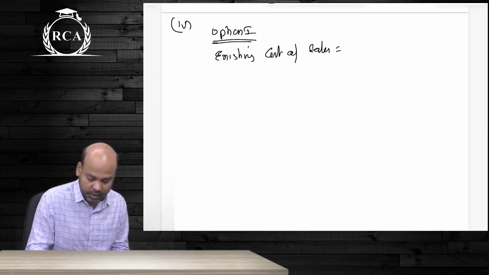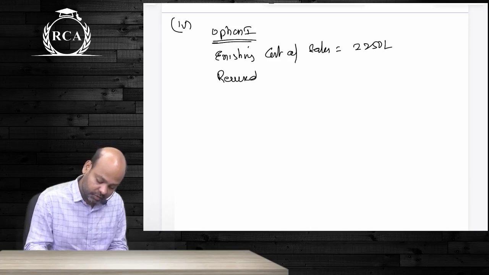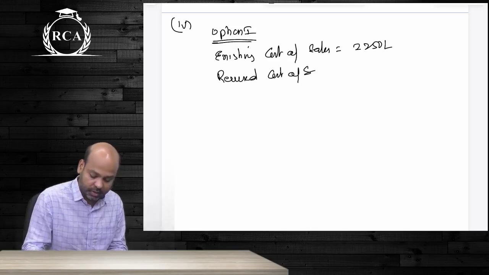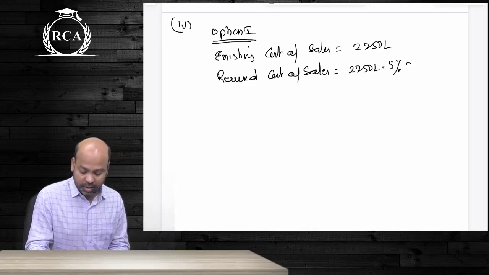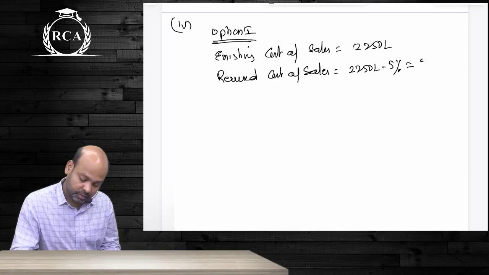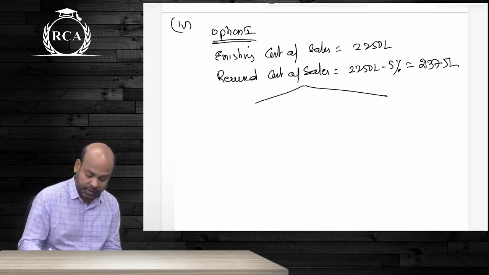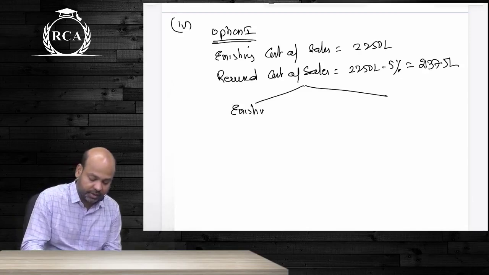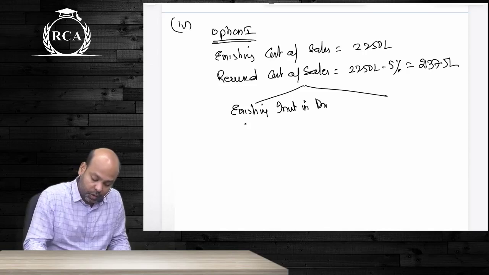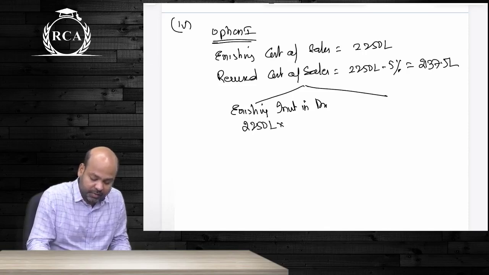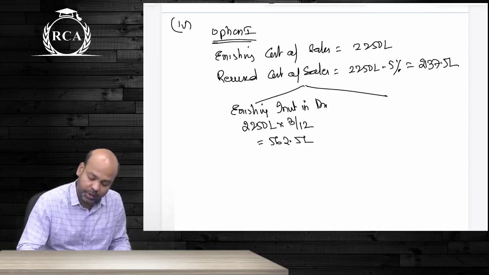is 2,250 lakhs. What will be your revised cost of sales? They are going to reduce by... How much will that be, guys? 2000. Based on this, we will compute two datas. But existing investment in debtors would be 2250 lakhs के basis पे into 3 by 12, which we got correct, beta 562.5.